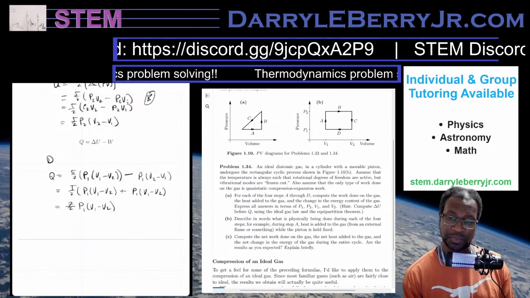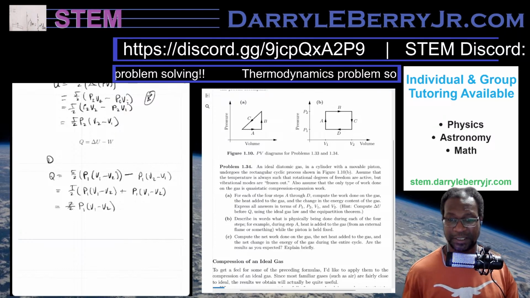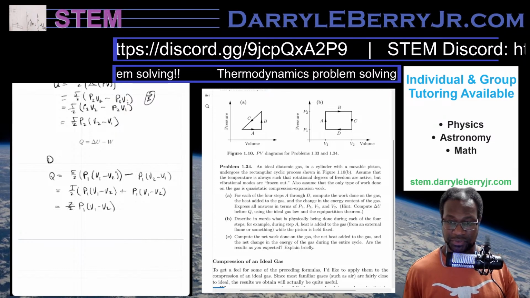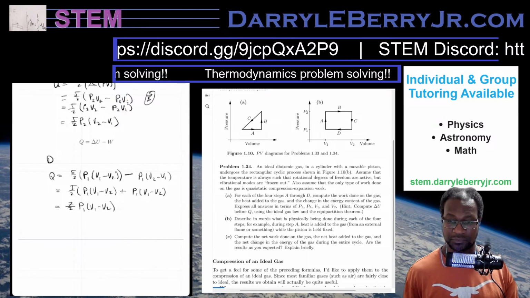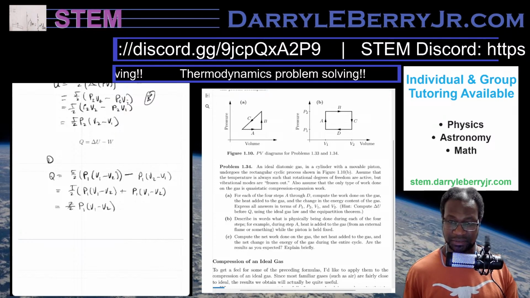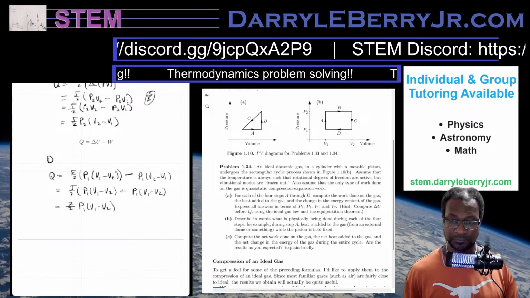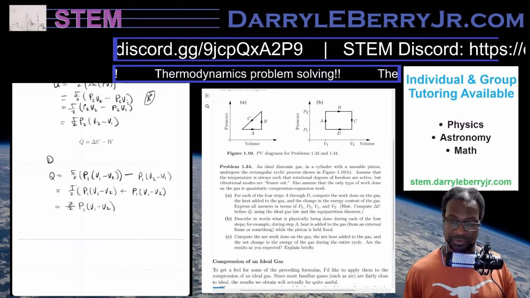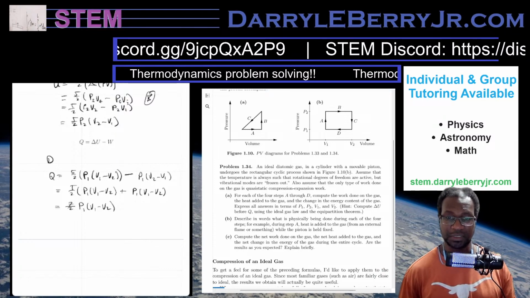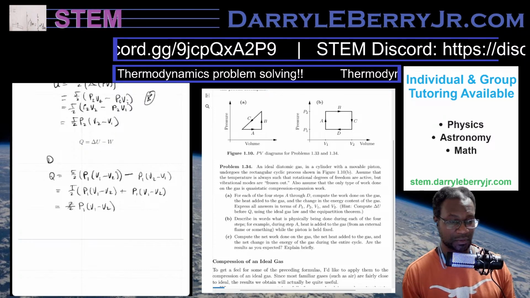In D, when it's being compressed, the volume is shrinking. Pressure is lower, so it's cooler. Therefore, the amount of work in this part would be less than that part when the gas is expanding. So we'll count positive work as expanding.